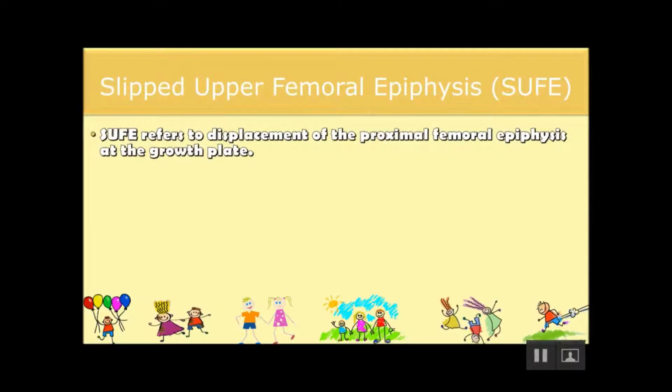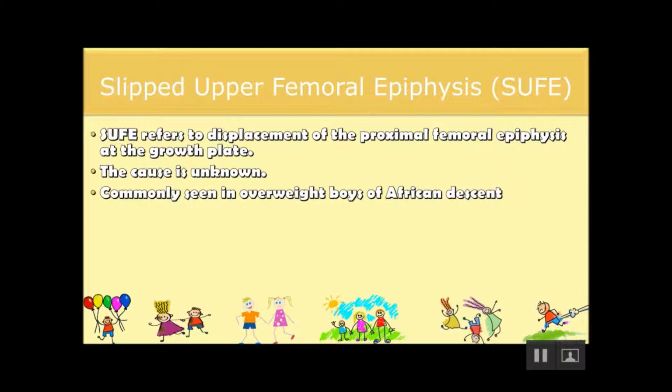SUFE refers to displacement of the proximal femoral epiphysis at the growth plate. The cause is unknown, but it is commonly seen in overweight boys of African descent. Theories suggest hormonal influences with an imbalance between growth and sex hormones, trauma that's seen in obese patients, and mechanical disadvantage.